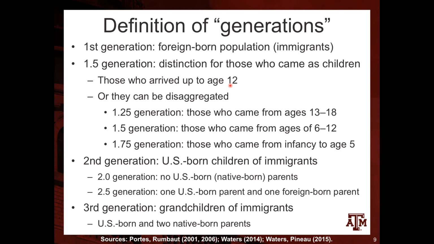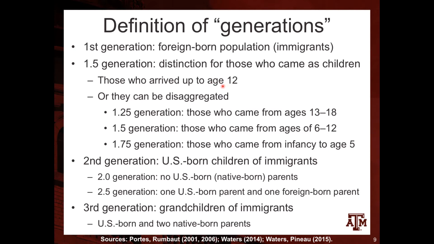They will have many more chances to integrate quicker into American society than their parents. So they're called the 1.5 generation because although they were born in another country, they came to the US at such an early age that they will integrate much faster into the society where they're moving to.